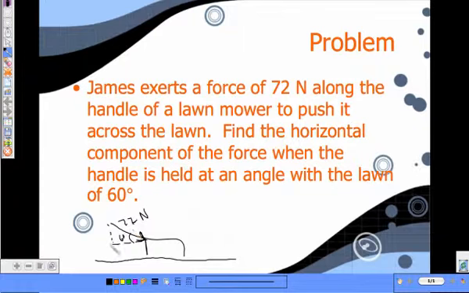So if we're going to find f of x, I should have made a new page. Adjacent over hypotenuse is equal to cosine of 60, right?